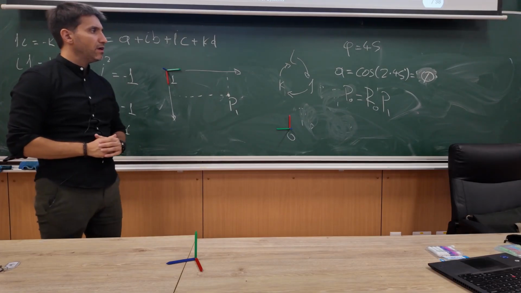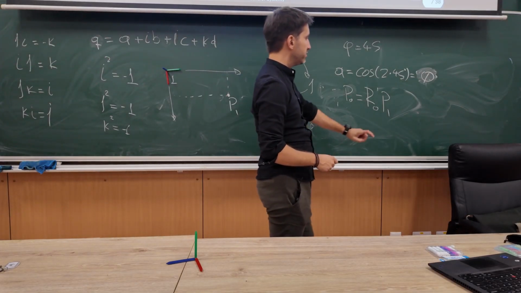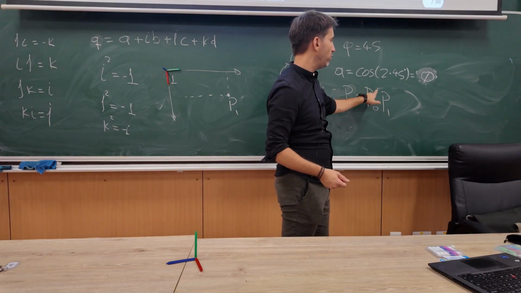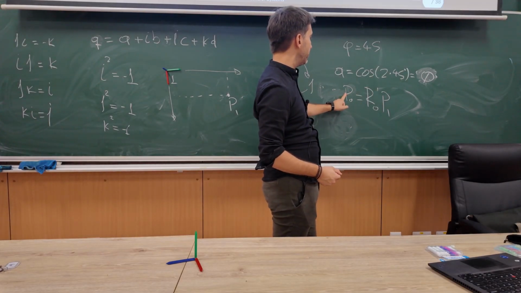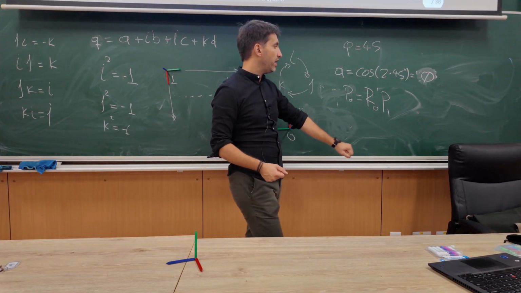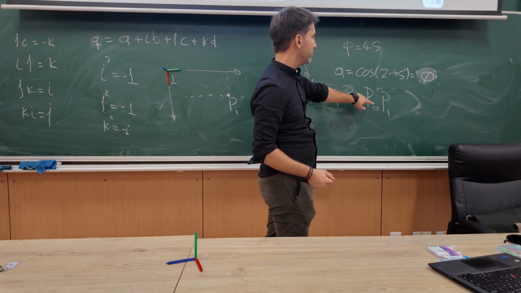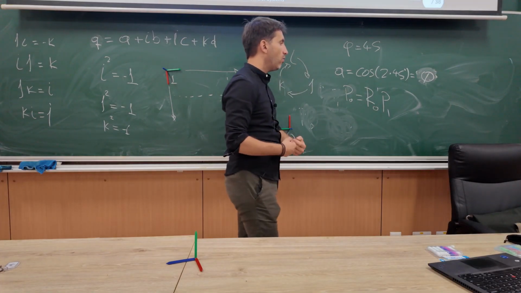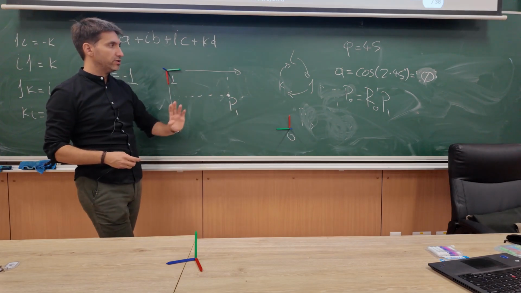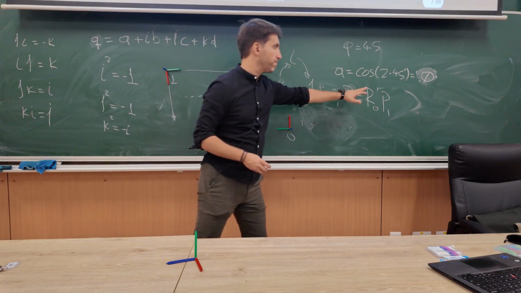Okay? So if I know the coordinates of a point in one frame, let's say frame 1, and I'm looking at the coordinates of the same point in another frame, let's say frame 0, all I need is the transformation that takes me from 0 to 1, or the matrix that describes the position of 1 with respect to 0. It's the same thing. Okay?